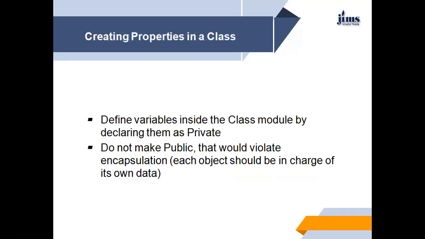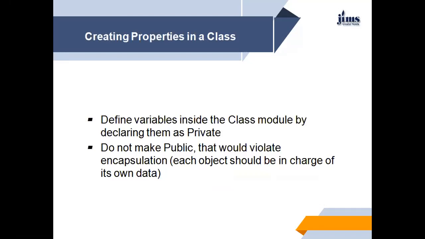Creating properties in a class means defining variables inside the class module by declaring them as private. Remember this: whenever you declare a member variable in a class, you should declare it private, since private variables are accessible only by the methods of that particular class. Do not make them public, because that would violate encapsulation.